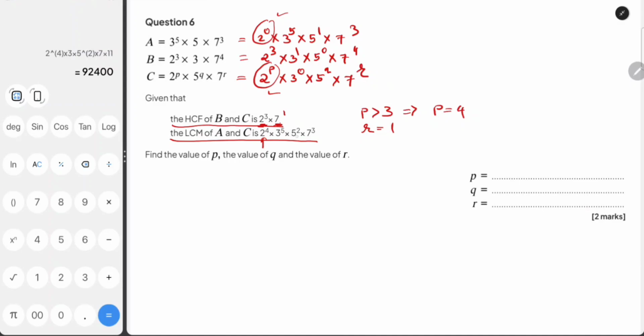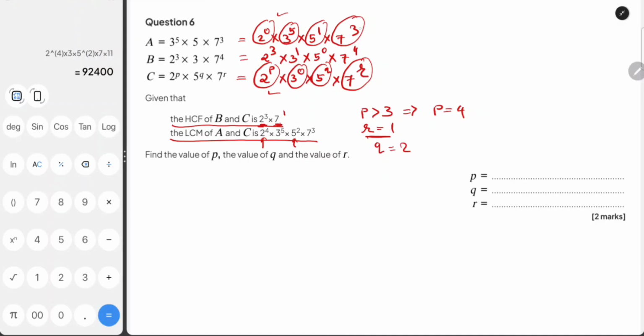Then 3 raised to 5 is the highest. That is visible. Then 5 raised to 1 and 5 raised to Q. Amongst them 5 raised to 2 is the highest one. So obviously Q must be equal to 2, then only between 5 raised to 1 and 5 raised to Q, 5 raised to 2 is the highest. And between 7 raised to 3 and 7 raised to R we have already found R is 1.